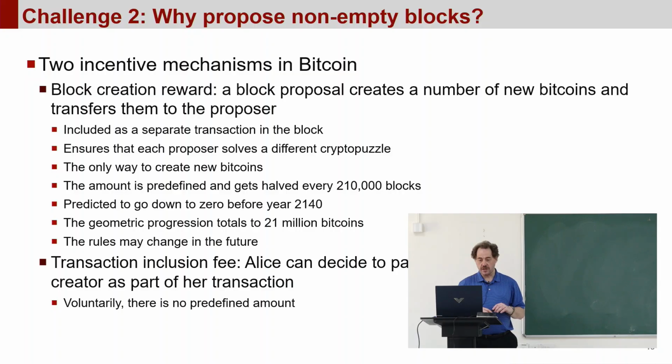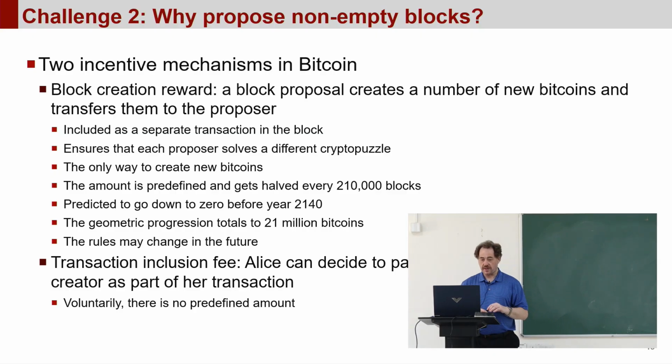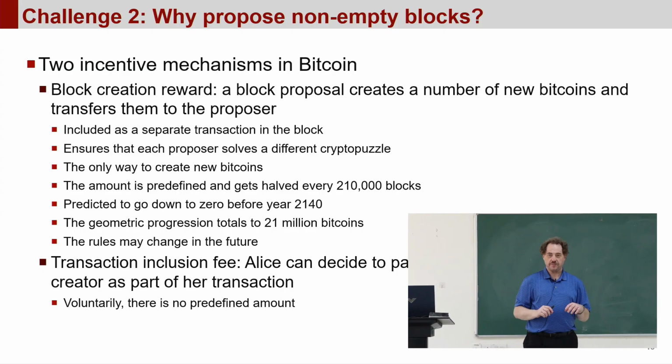And by the way, it ensures that each proposer solves a different safety puzzle because every miner would put a different coin-based transaction in its block. It's the only way in which new Bitcoins are created and added to circulation. And the amount is predefined, so the proposer cannot decide how much it would get.